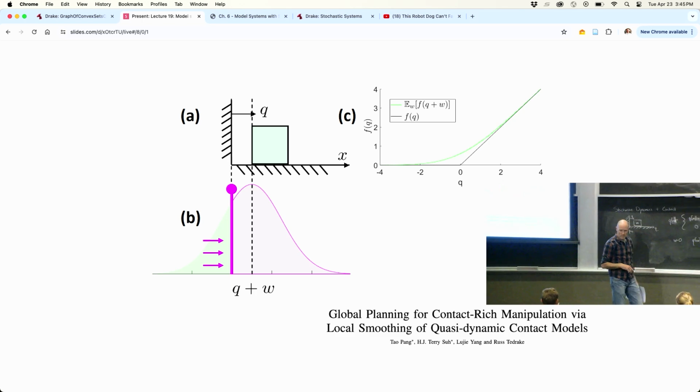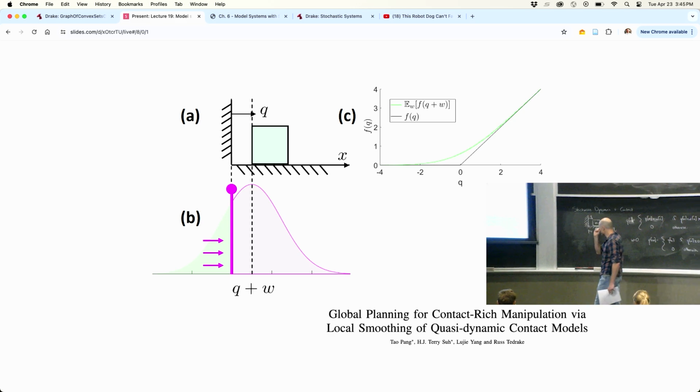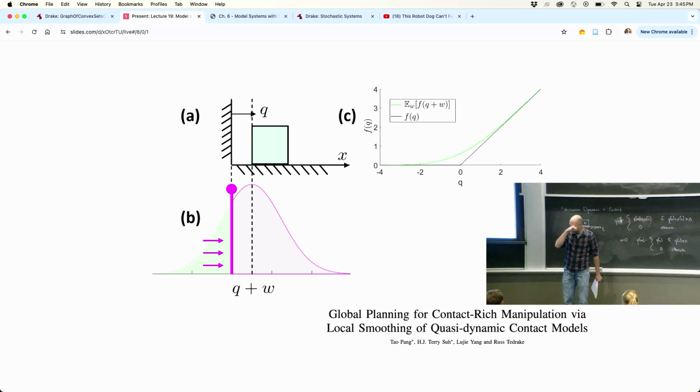So for instance, when you're doing RL, most RL algorithms will inject a little bit of noise on the outputs of the policy. That's how you do exploration in RL, right?